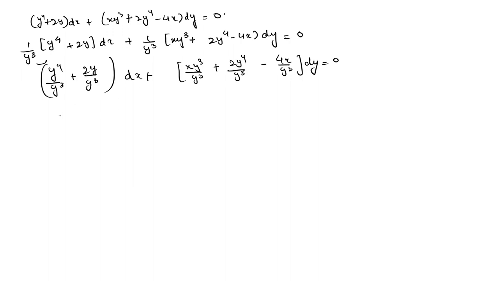So here we will get (y plus 2 by y square) dx plus (x plus 2y minus 4x divided by y cube) dy is equal to 0.